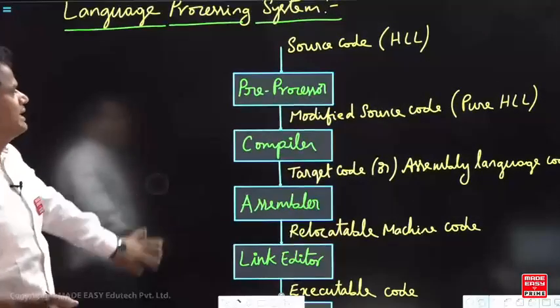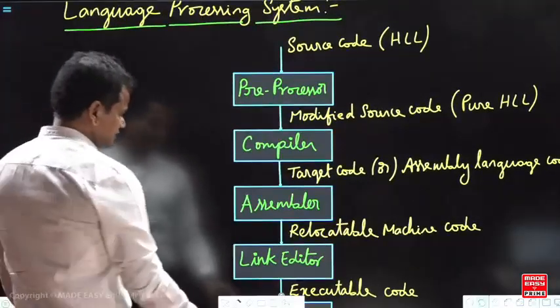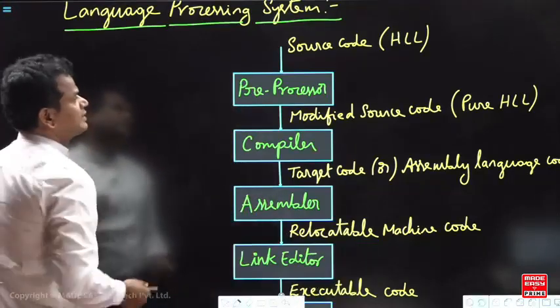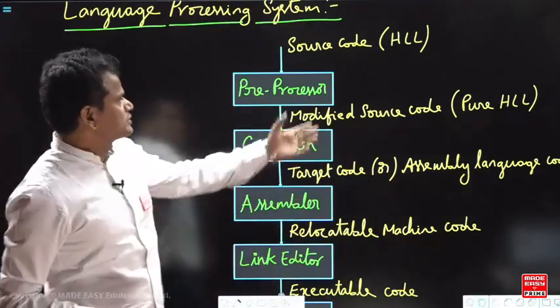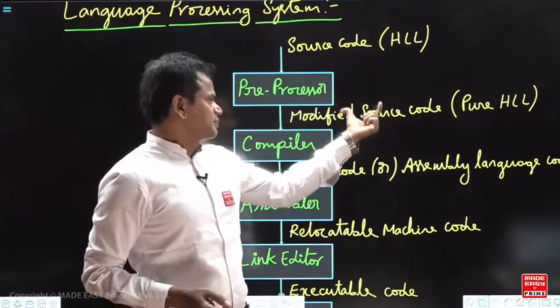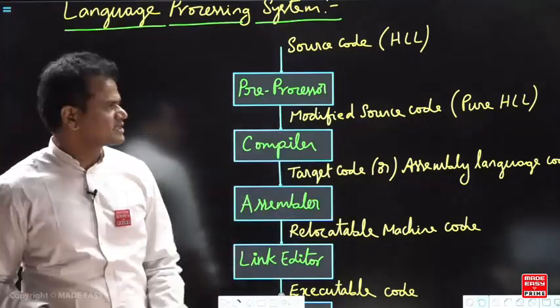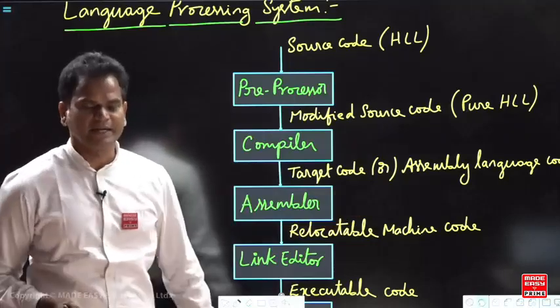Now, preprocessor. It takes the source code as input and produces the modified source code as output. That you can understand by looking at this. Okay.